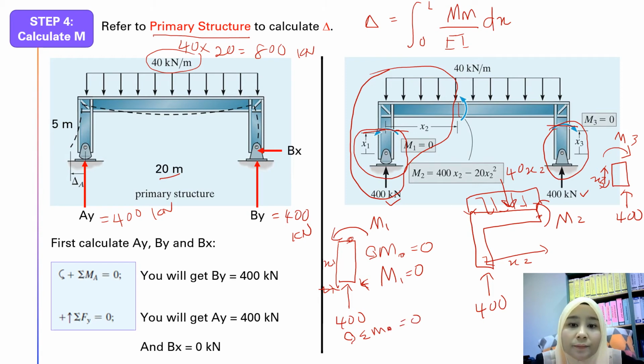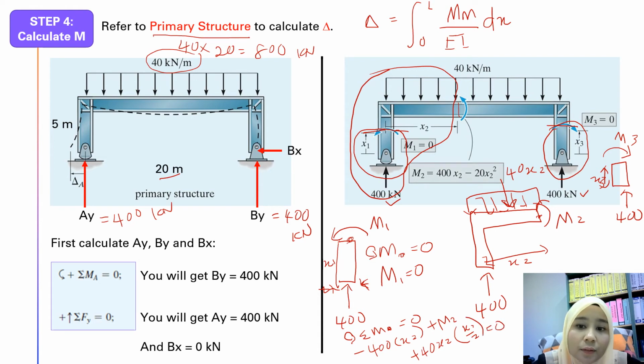Then you will have minus 400 multiplied by x2, and then plus M2, and then don't forget about this loading, plus 40x2 multiplied by x2 over 2 is equal to 0. Then you will have your M2, this value. Okay, you can try to calculate it. Okay, that one is capital M.